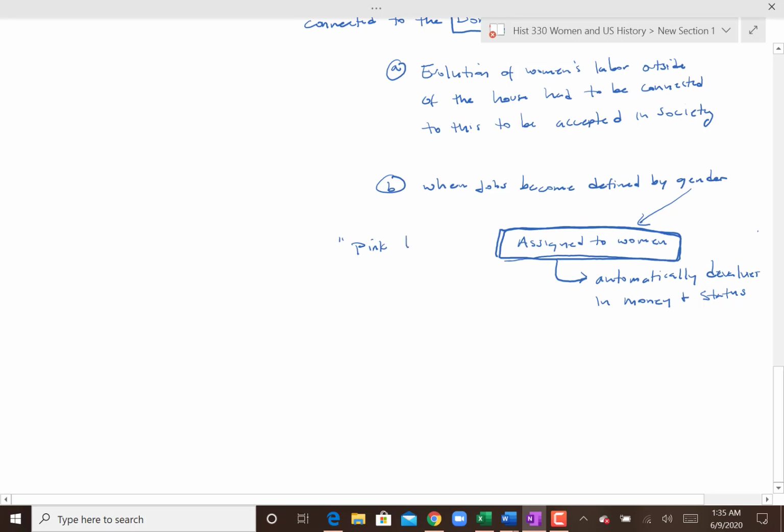term, and of course the pink labor just being the idea of the color connected to women, which is funny, right? Pink used to be the color for boys, and it was later that it shifted and switched, and pink became the girl color and blue the boy color.